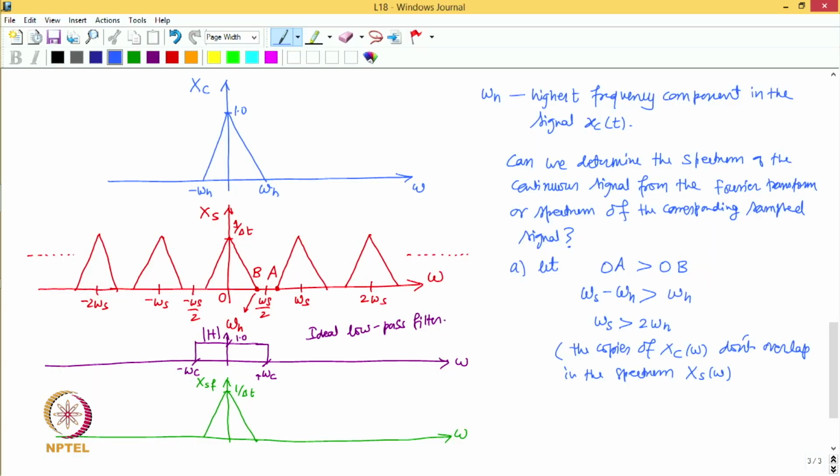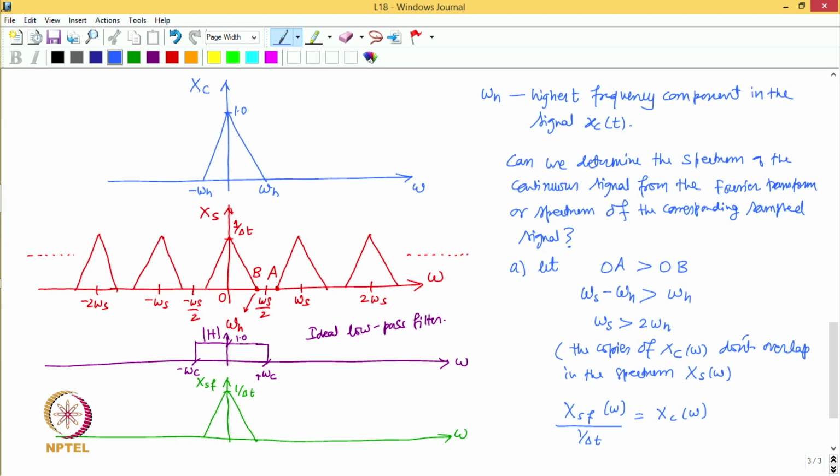So the conclusion is that the spectrum of the filtered signal, when divided by 1 by delta t, is the same as the spectrum Xc(omega).